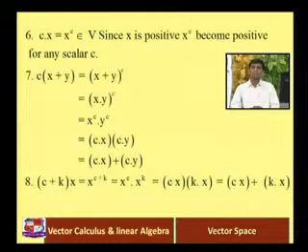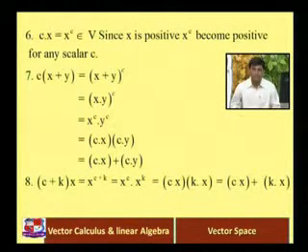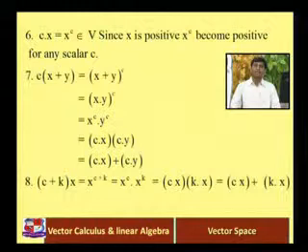c into x. Now we have to use the scalar multiplication which we defined in the statement of the example, right? So c into x is equal to x raised to c, which belongs to V. Why does it belong to V?